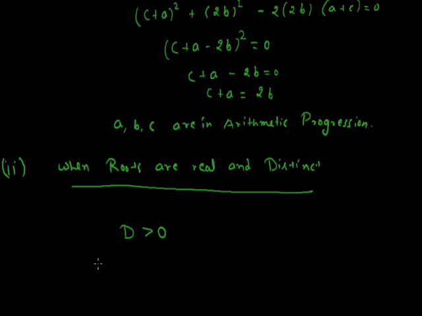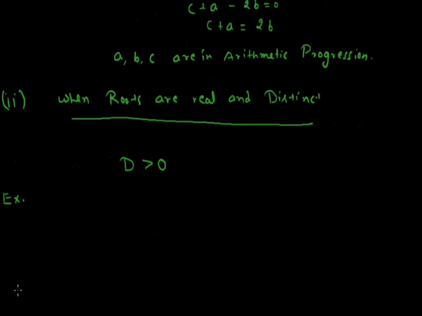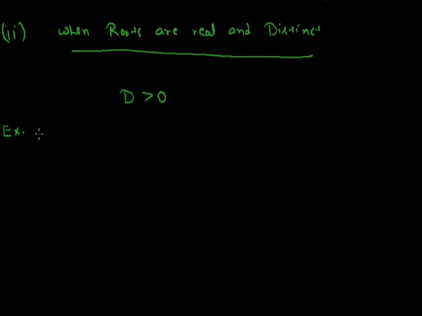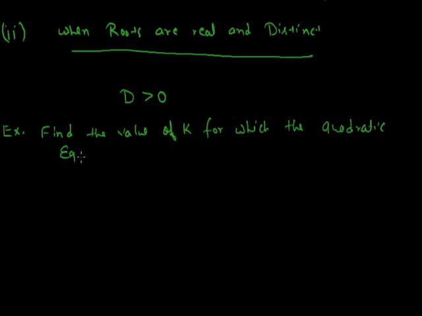For example, find the value of k for which the quadratic equation 4x square minus 3kx plus 1 equal to 0 has real and distinct roots.